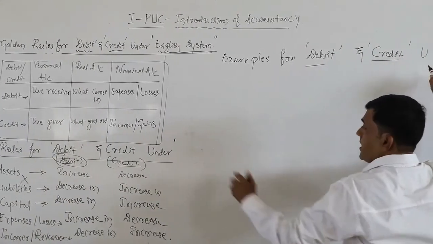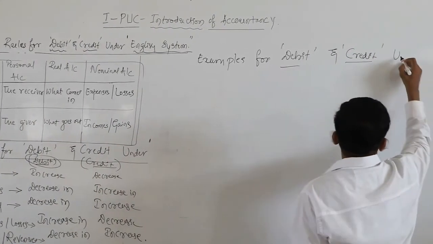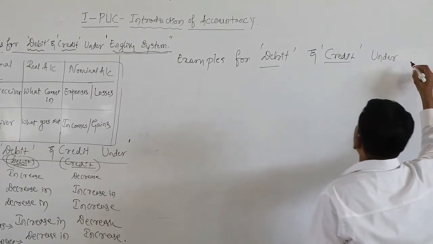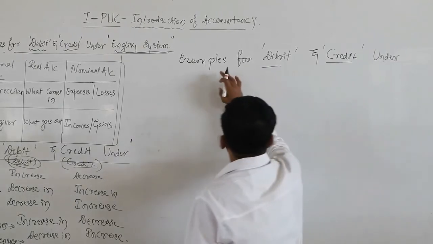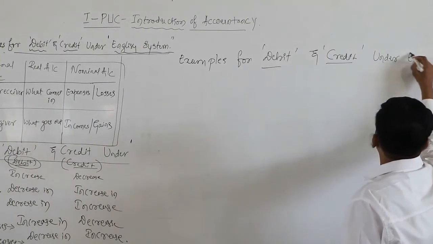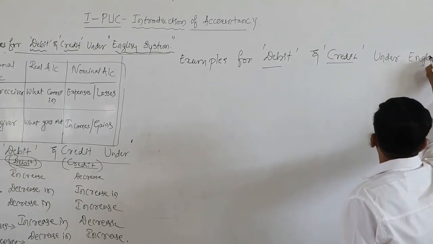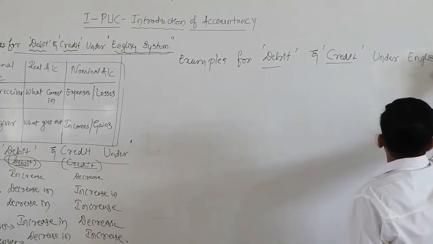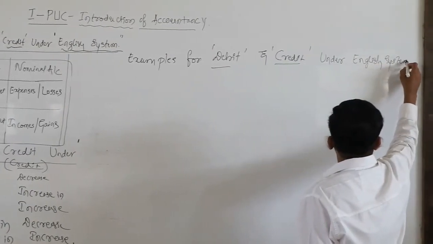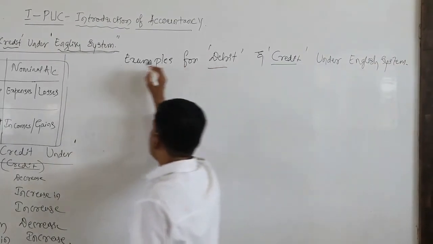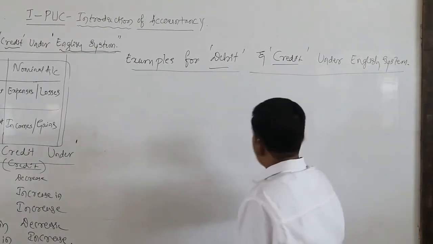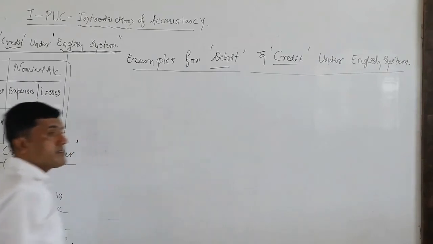Later on, you will see this under the American system. So initially I'm interested in providing debit and credit examples under the English system.